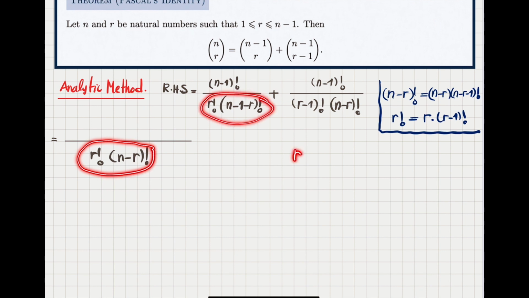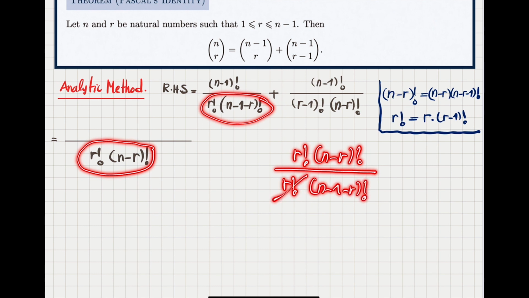Okay? So let me write it here. It will automatically disappear. So I need to divide this by r factorial n minus 1 minus r factorial. This one and that one are gone. And if you look here, if I divide this by that, it becomes n minus r.